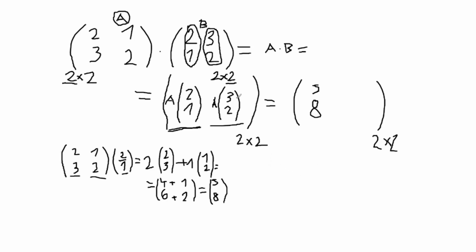When you're actually doing it in reality, perhaps a quicker and more common way when one goes faster at it: take the 3, 2, and imagine you are multiplying the first column 2, 3 by 3 and adding to it the second column 1, 2 times 2, because of the 2.